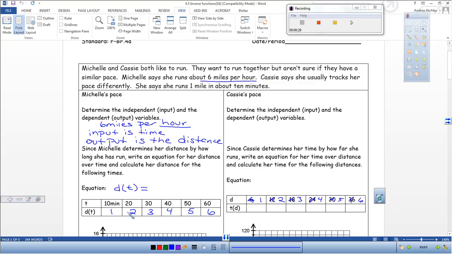What am I doing? Dividing by 10. So it's the time divided by 10, which gives me my hours. Any questions over that?